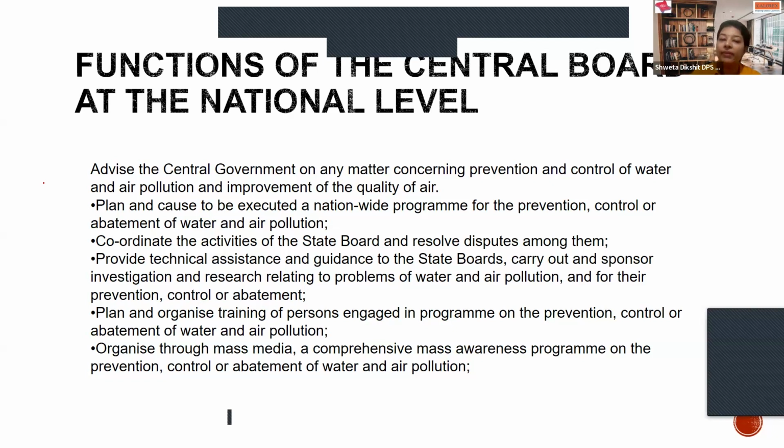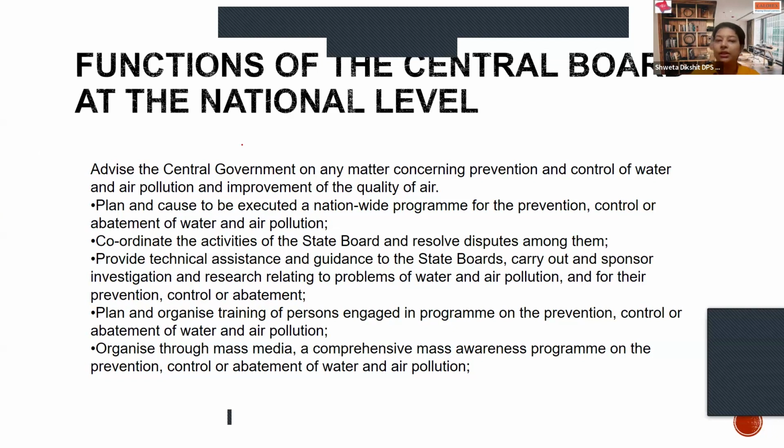The central government, for the control of various kinds of pollution, has developed a board which is known as the Central Board of Pollution Control. This particular board is basically concerned with the control of water and air pollution.